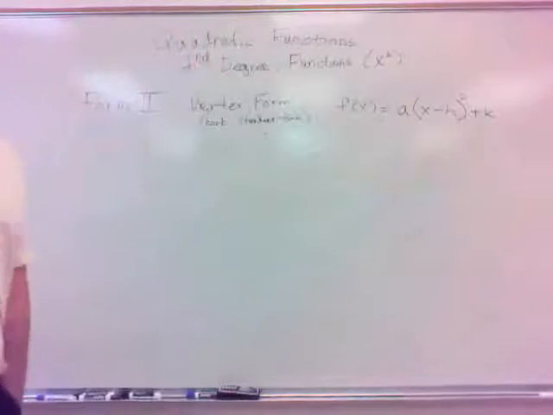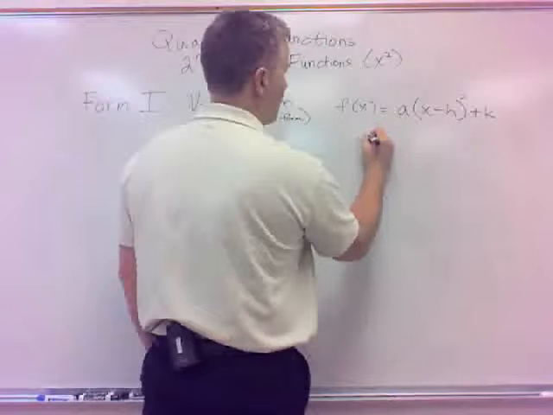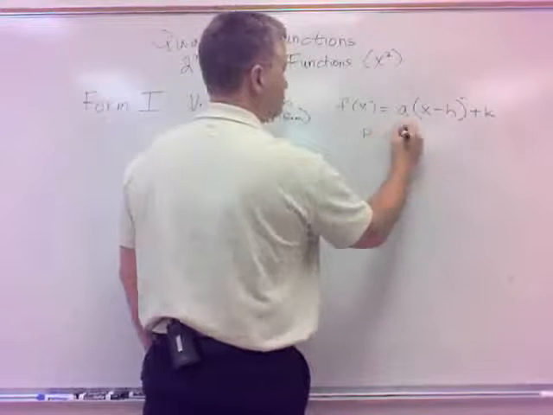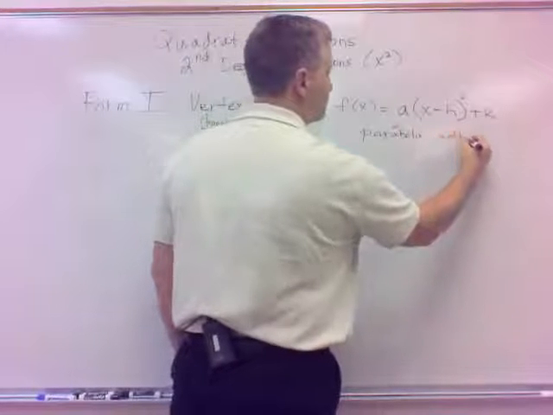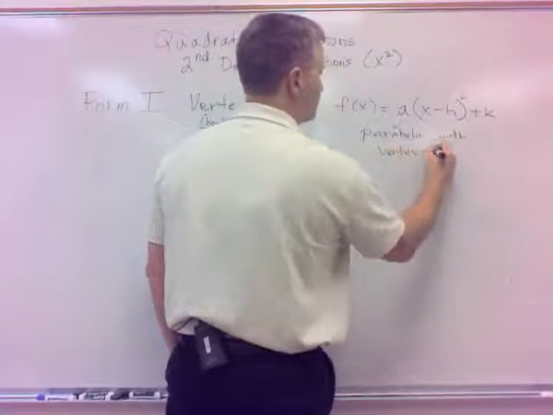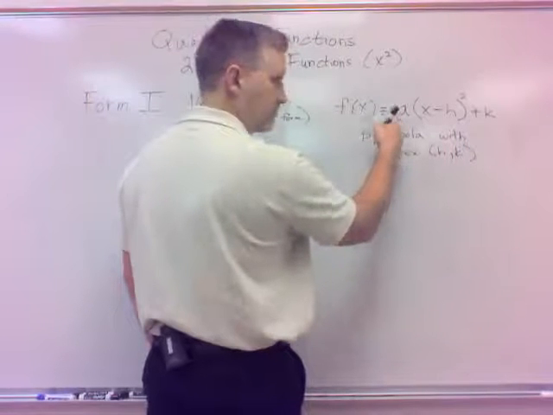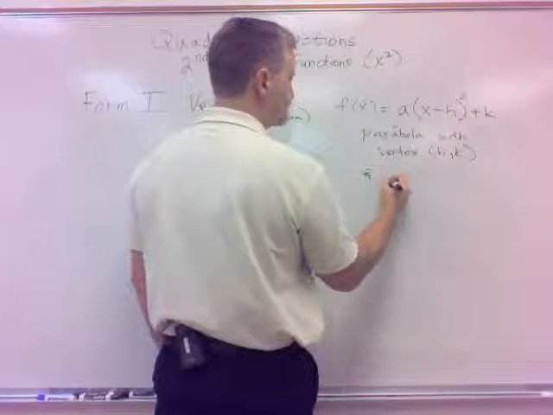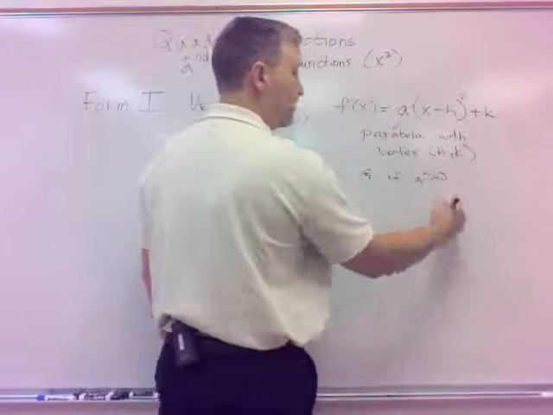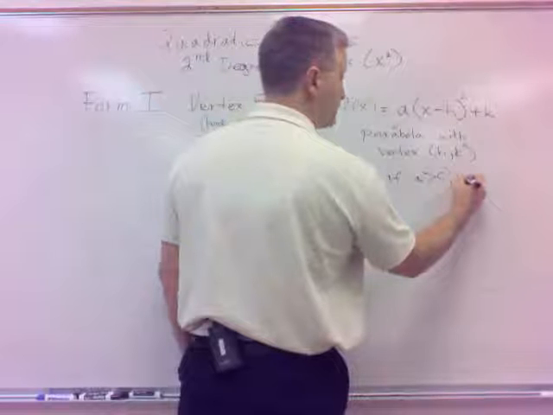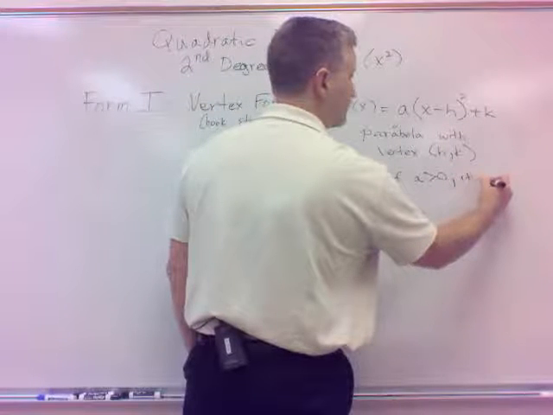And what's special about h and k? That's the vertex. So in general, this is a parabola with the vertex (h, k). And we can also say with a there, if a is positive, greater than 0, which way does the parabola open?